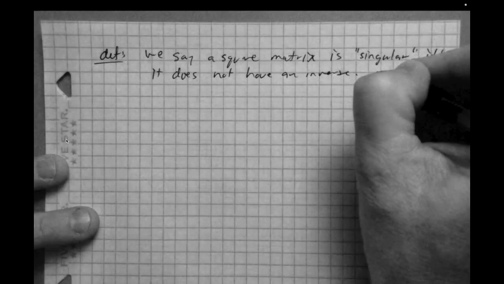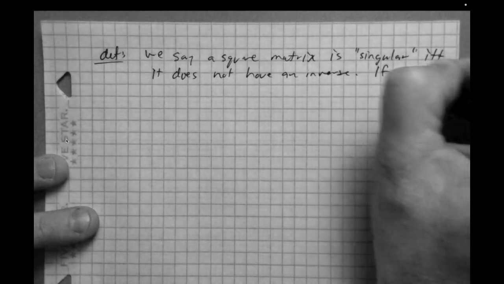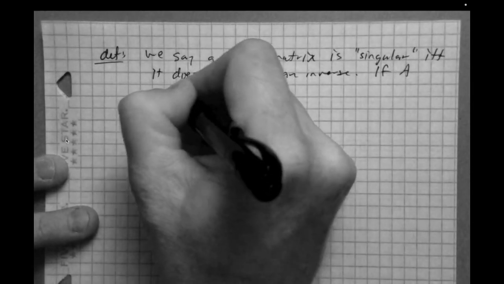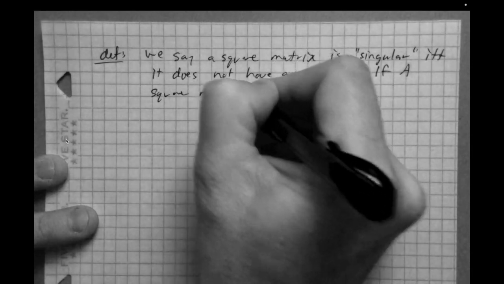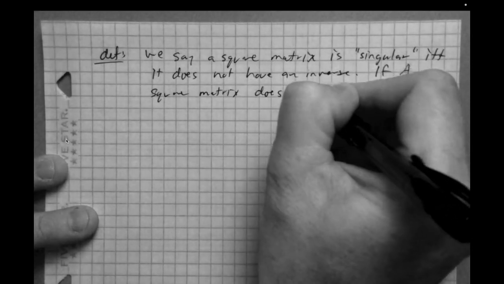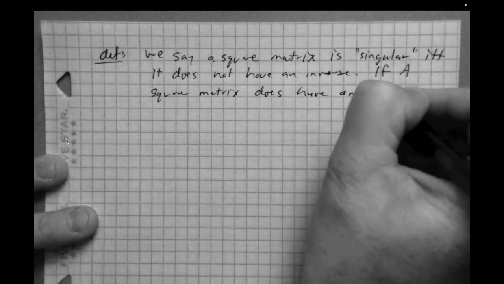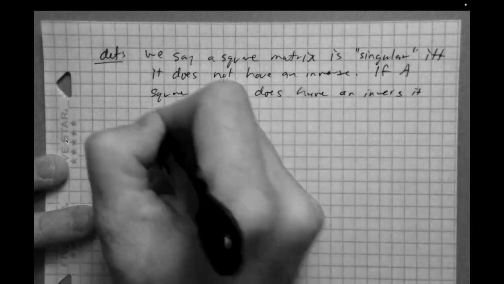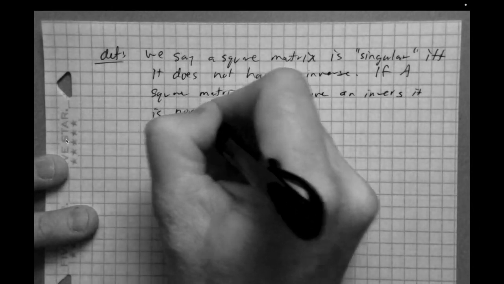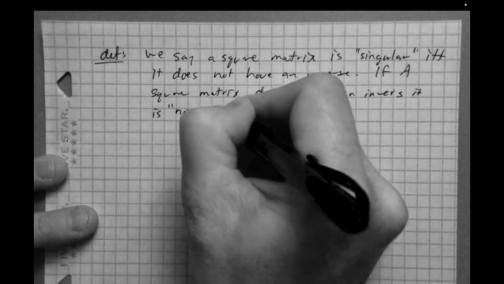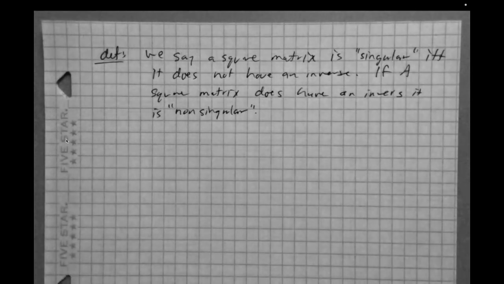And then, obviously, if a square matrix does have an inverse, it is called non-singular. Most matrices are non-singular.